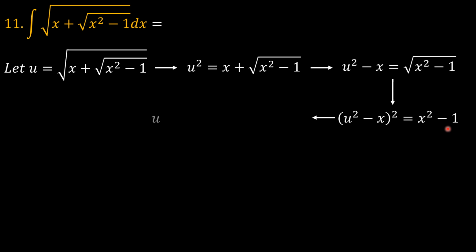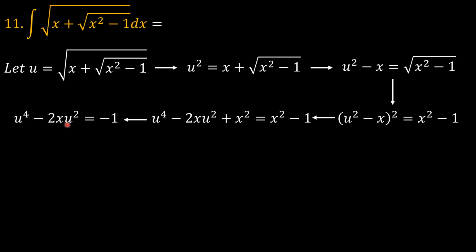You could see where I'm trying to go, because now when I expand the left hand side, I have an x squared both on the left and right hand side. Those cancel each other, so that eventually we do have u to the power 4 minus 2x u squared equals negative 1.